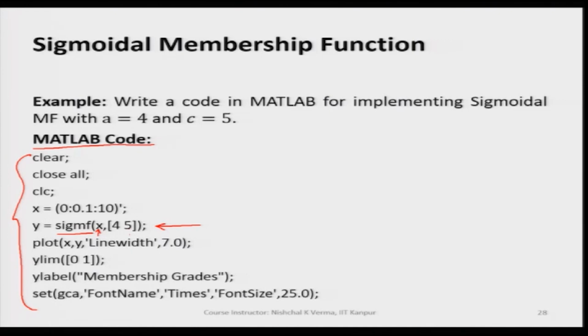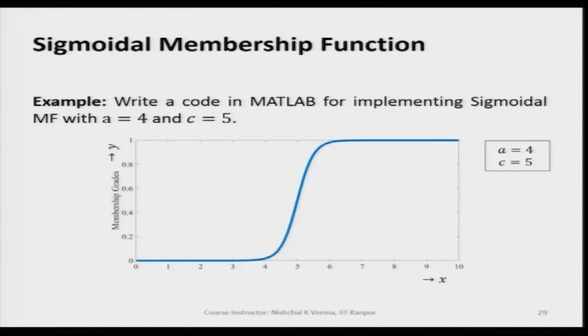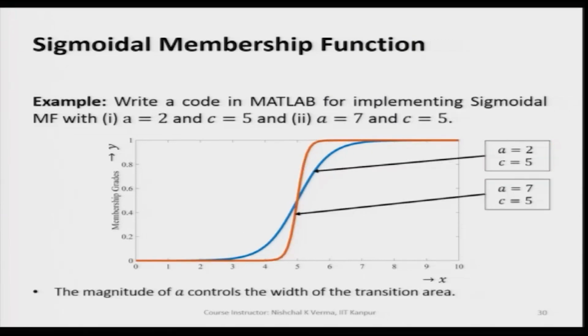For a equal to 4 and c equal to 5, you see this kind of sigmoidal function will be generated. Now, if we choose another set of a and c, we get a different sigmoidal plot here.